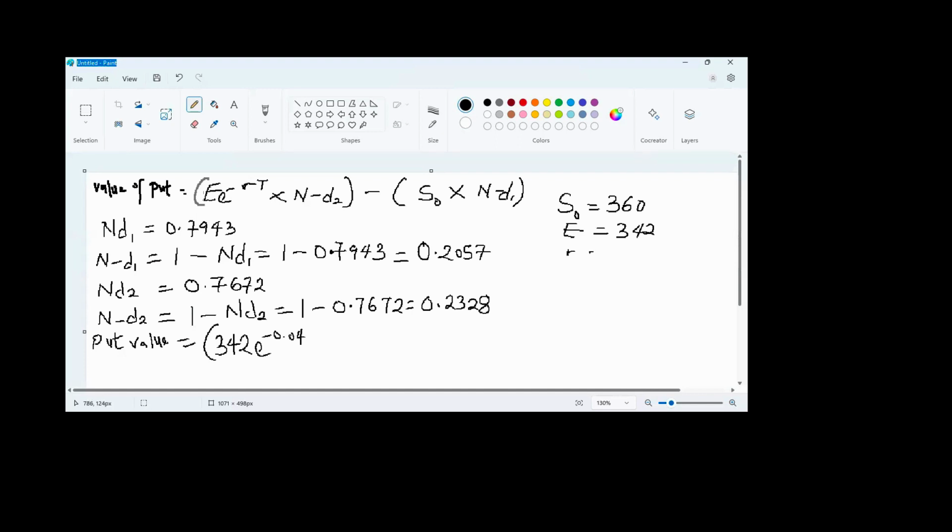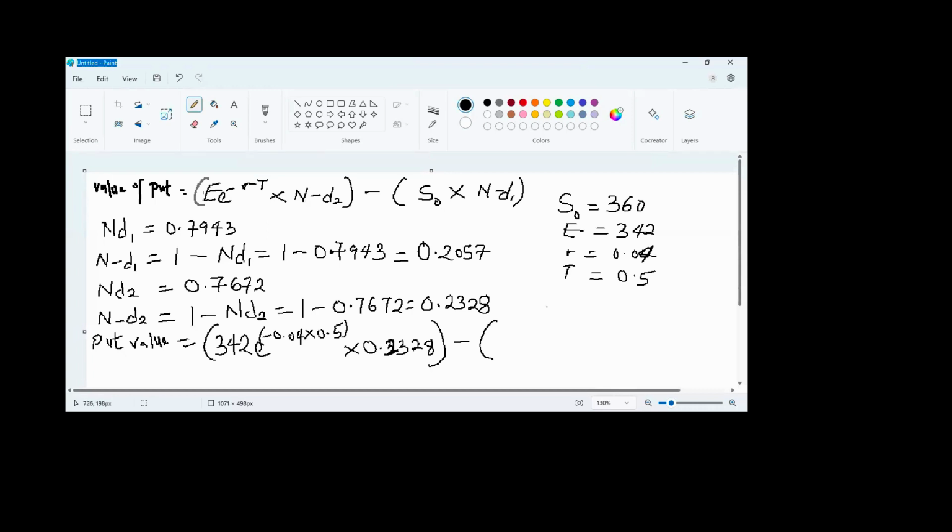Our R is 0.04. Our T is equal to 0.5. Multiply by 0.5. Because I have two figures up, I need to put brackets. Then multiply by N of minus D2, 0.2328. Close this bracket.